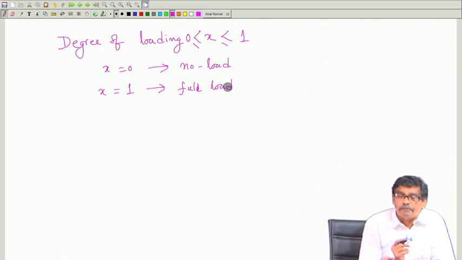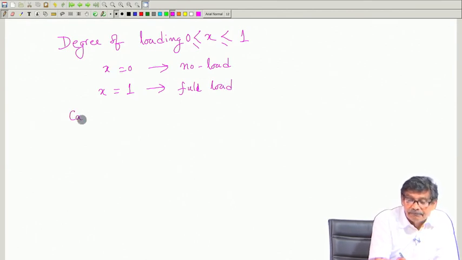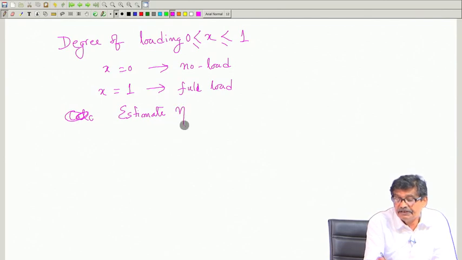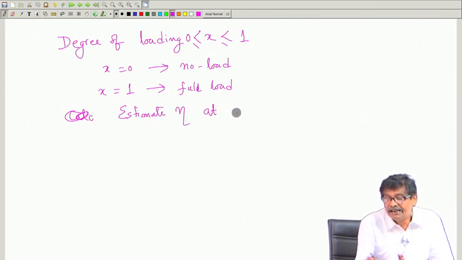Got the point? So, we would like to try to estimate the efficiency at x degree of loading.